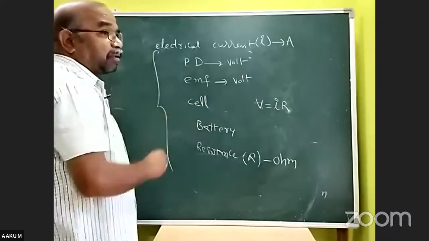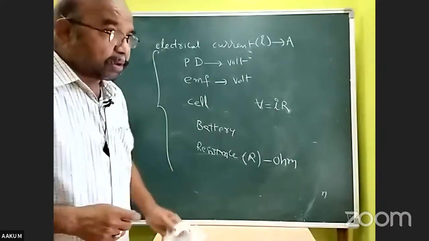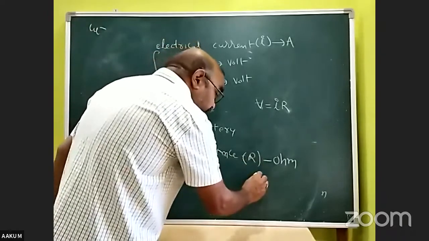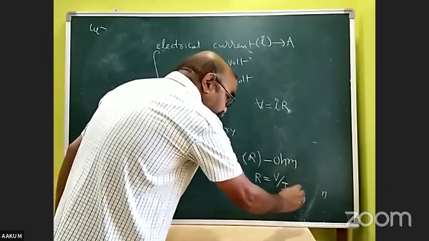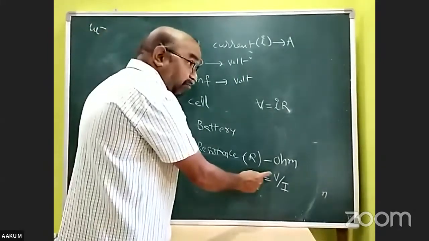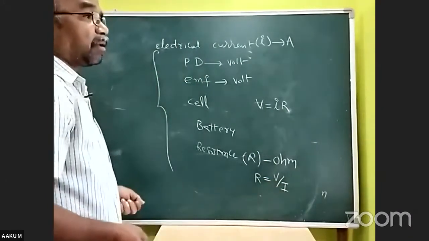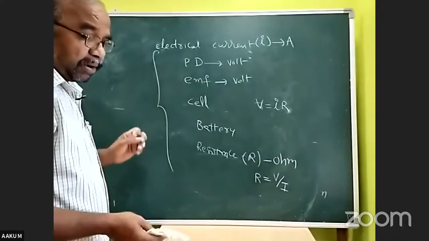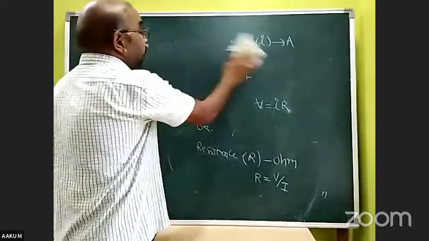All these things we came across in the previous classes. And the resistance formula is R is equal to V by I. We can also define resistance as the ratio between potential difference and electrical current. So these are the things we must keep in our memory definitely, right?